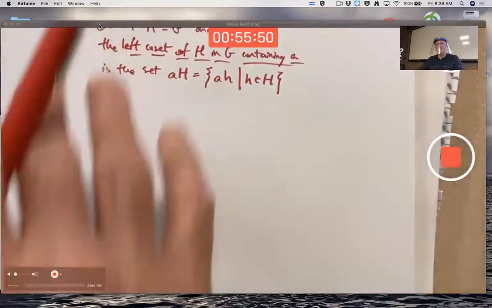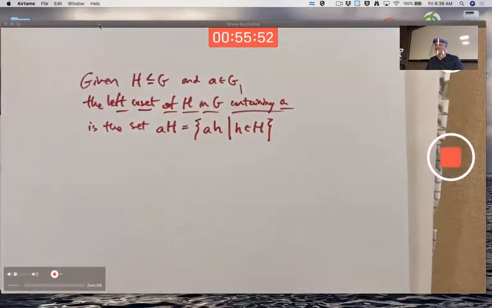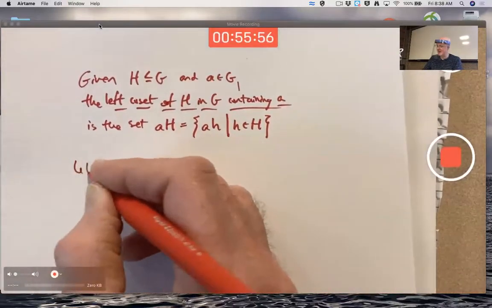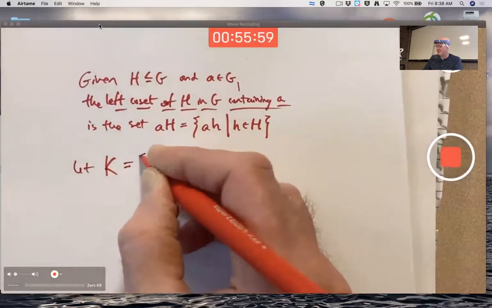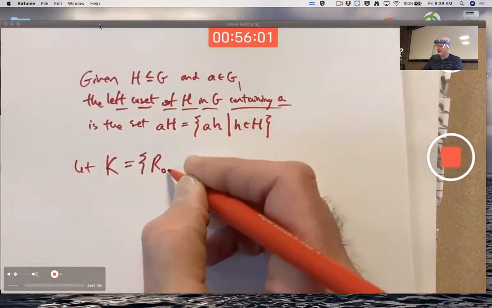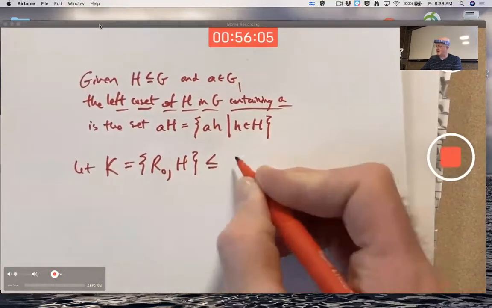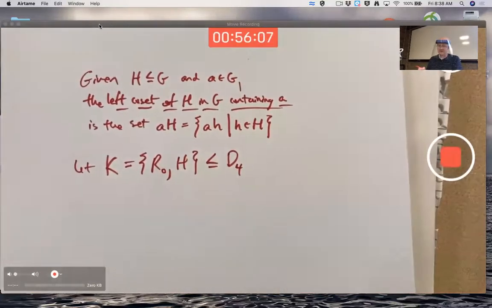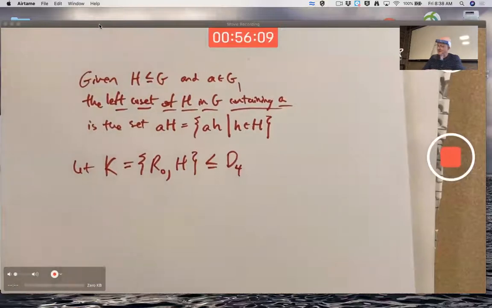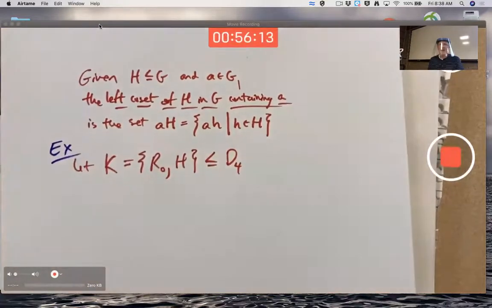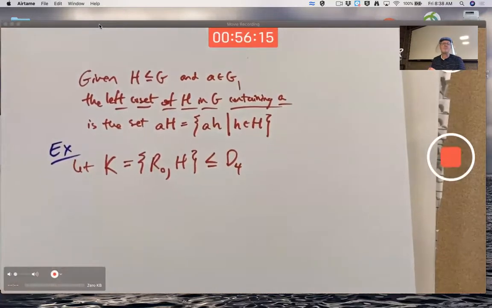Unfortunate notation. Let me call the subgroup K. Let K, capital K, be R0, comma H, and that is a subgroup of D4. This is an example. So K is going to be my subgroup. I didn't want to use the letter H.